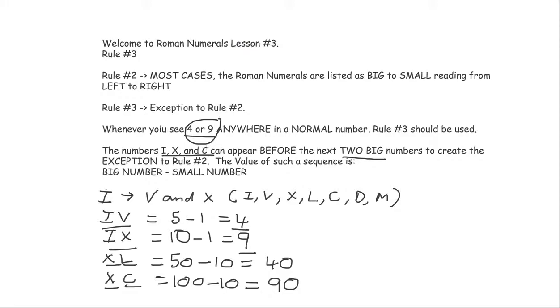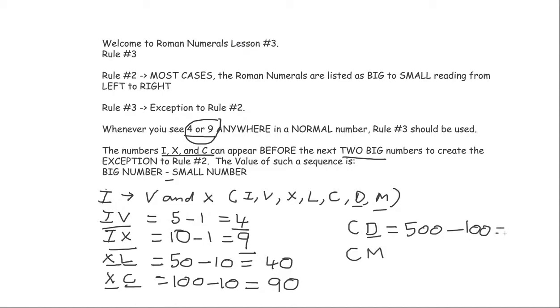The last example we'll see is for C. C can appear before the next two big numbers, which are D and M. So CD is a valid sequence, and CM is also a valid sequence. Now what is CD? It would be the value of D, which is 500, minus, remember, the sequence is big number minus small number, 100.